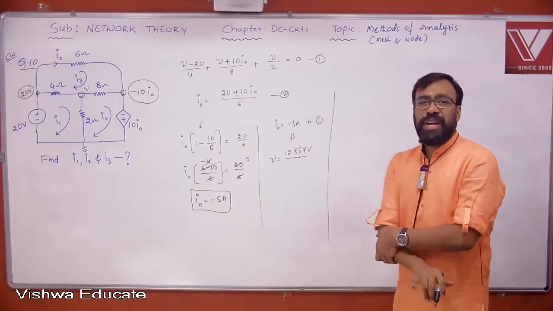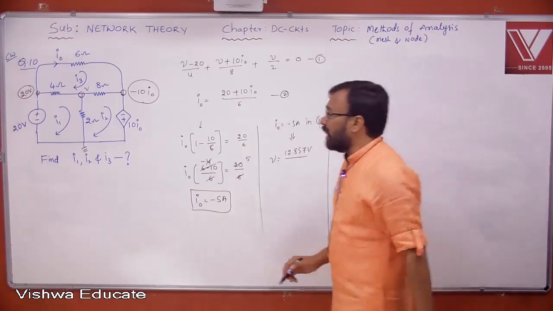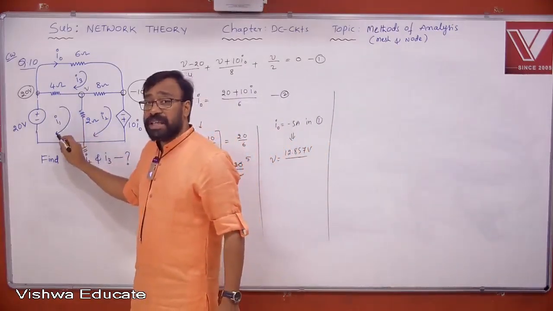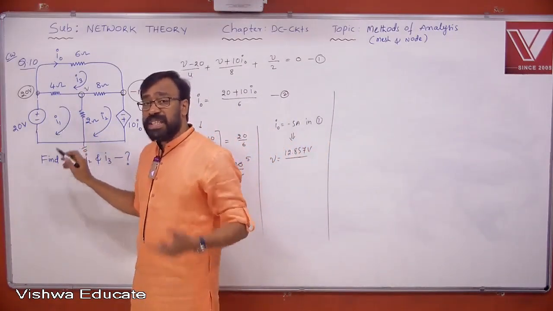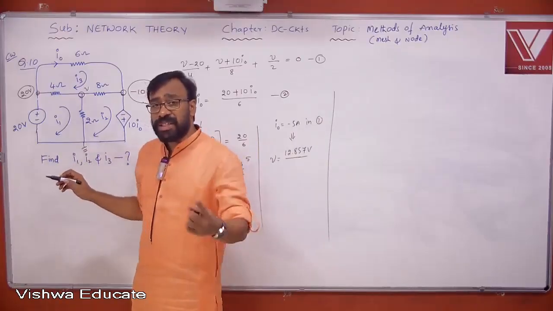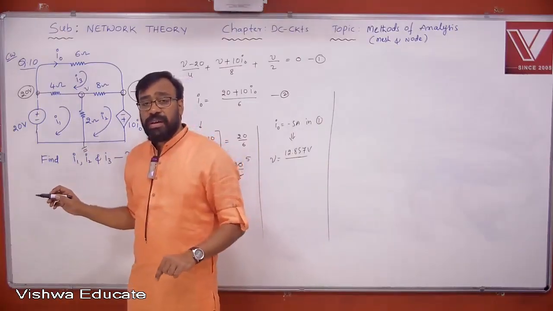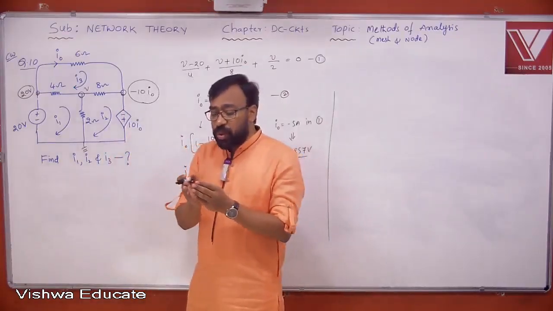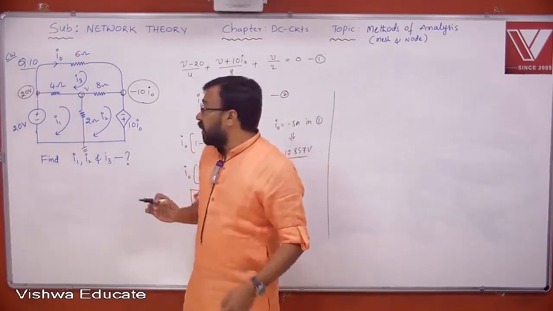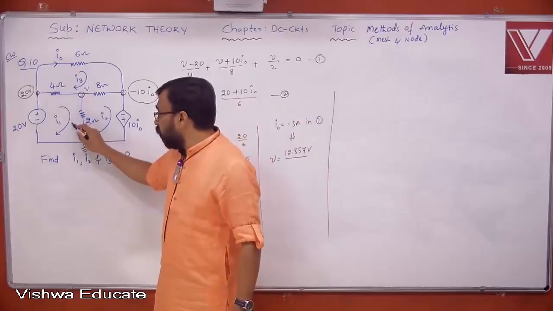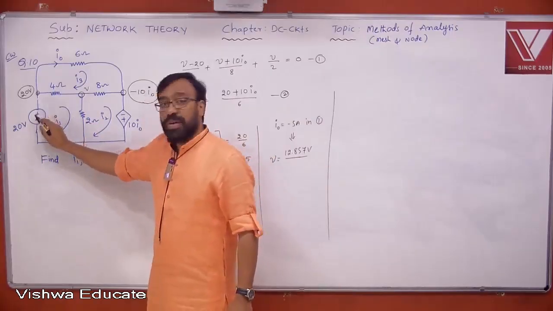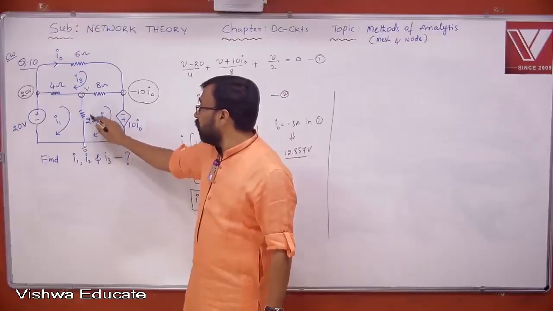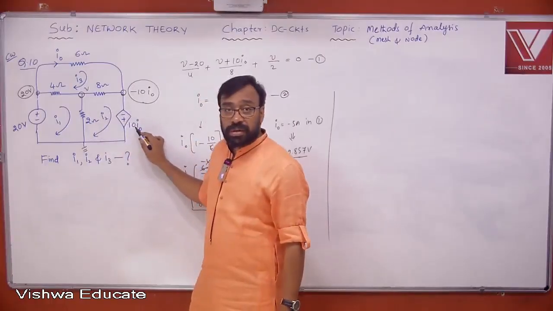Okay. Now let us look at I1 and I2 values. How do you find I1 and I2 values actually here? What is I1? Loop current. Somewhere it is going to be branch current, right? Where is it going to be branch current? Tell me. The branch current is same as loop current. Okay. In which element? Actually, it is going to be an element which belongs to only that particular loop. Now you tell me which element belongs to only the first loop. Tell me. 20 volt. Yes or no? Now tell me which element belongs to only second loop in this context. 10 I naught.